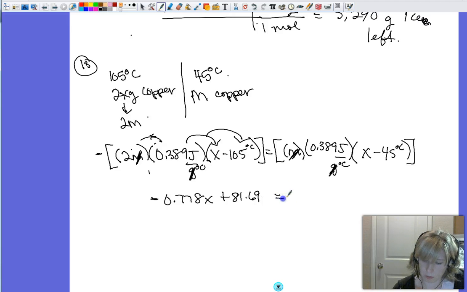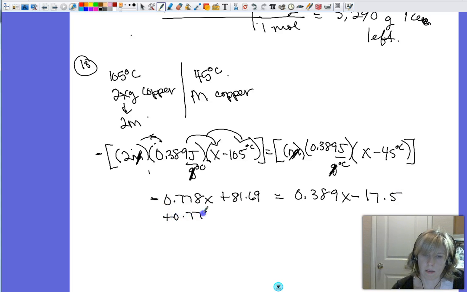And that's going to equal 0.389x minus 17.5. We can add this to get everything on one side, and add our 17.5 to get it over here. Just some algebra.